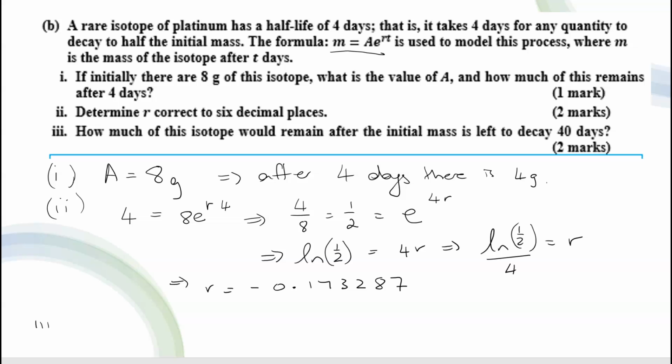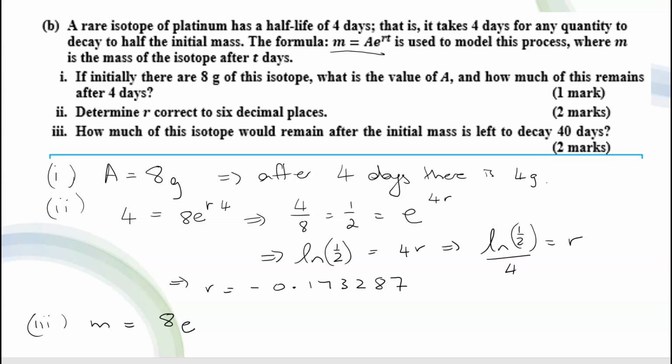The third part of the question asks you to find how much of the isotope would remain after it's left to decay for 40 days. All right, so just put some more numbers into the function. We've got 8, we've got e.